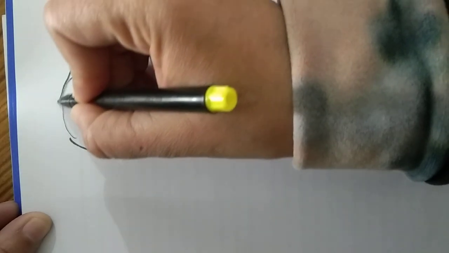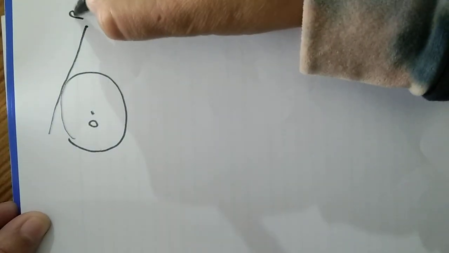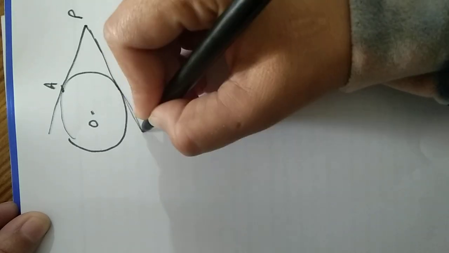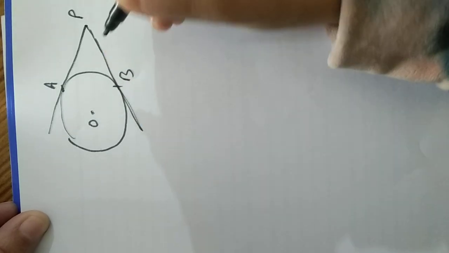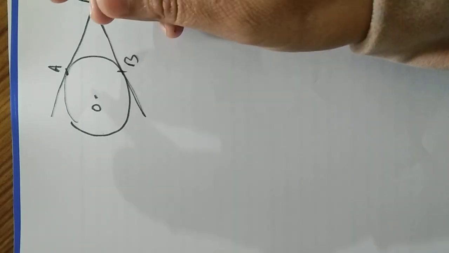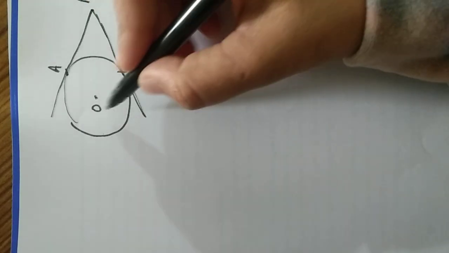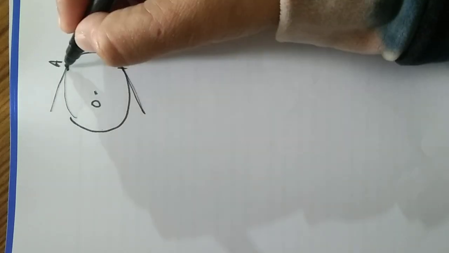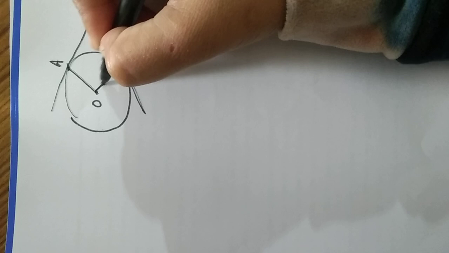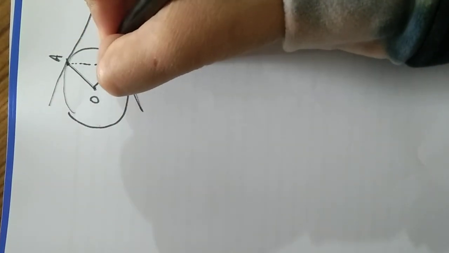Let's take point P here, and we have two tangents PA and PB drawn from the external point P. This is my point O, at the center of the circle. Let us join OA and OB, and let's join AB here also.